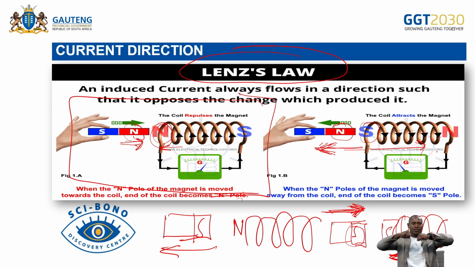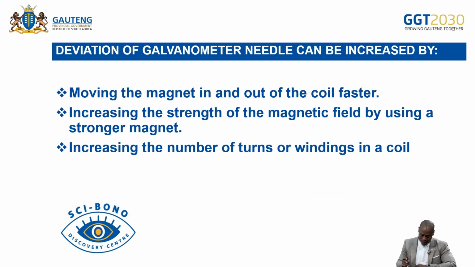So it always opposes. The induced current flows in the direction such that it opposes the change that produces it. But with more examples, I think this will be understandable moving forward. Okay. Then I wanted to introduce the issue of the poles here. Then deviation of the galvanometer needle can be increased by, already we have talked about this, learners.